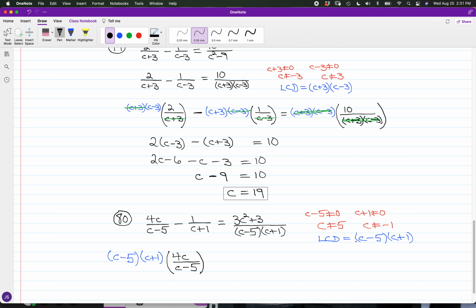Looking at this first application, the c minus 5's are going to go out. So you've got 4c and c plus 1 remaining. And bringing down the subtraction, and just going ahead and applying c minus 5 times c plus 1 over 1 over c plus 1.